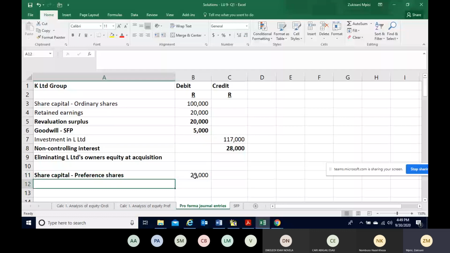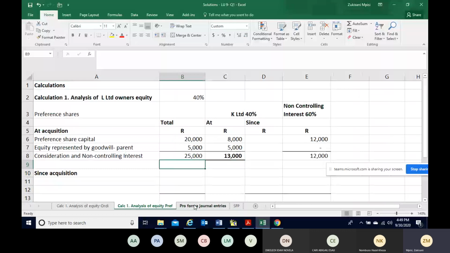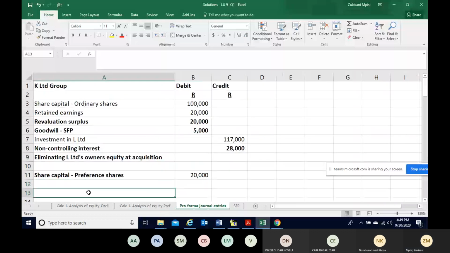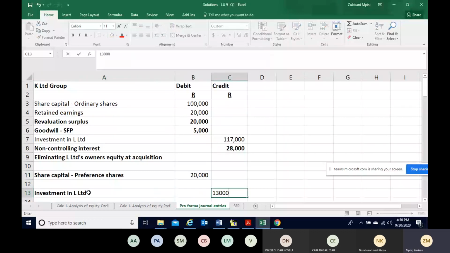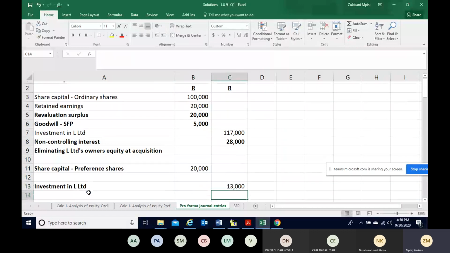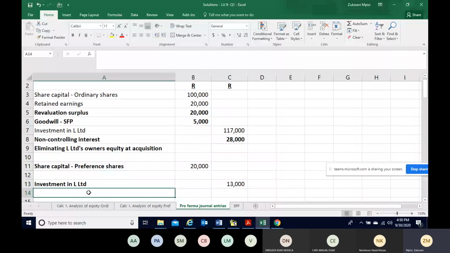Let's look at the analysis again. Then we've got consideration and non-controlling interest. So it becomes investment in LLTD as 13,000. And then you've got non-controlling interest.